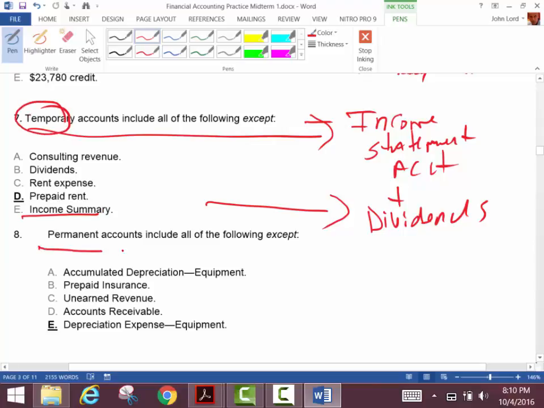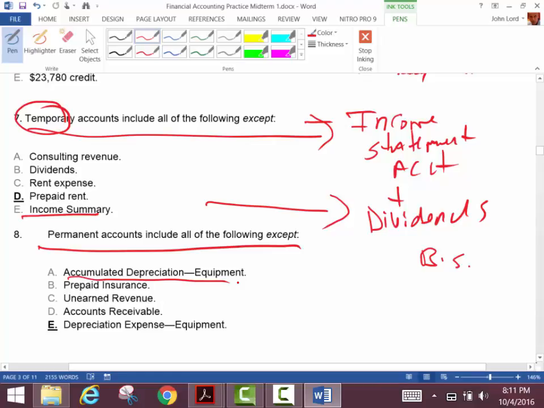Any accounts that carry the balance forward from period to period are called permanent accounts. These are our balance sheet accounts. Accumulated depreciation is why it would not have been part of those closing entries.